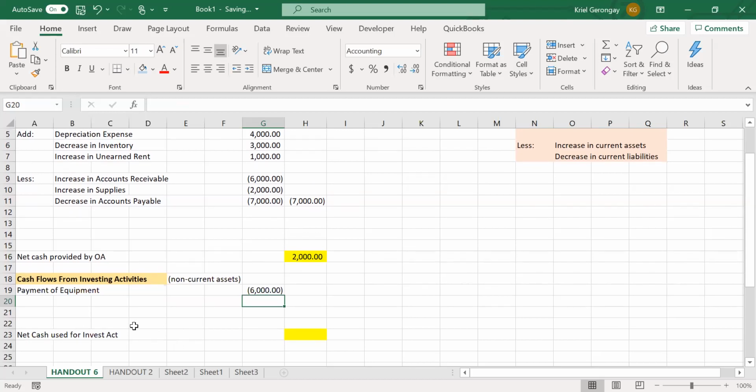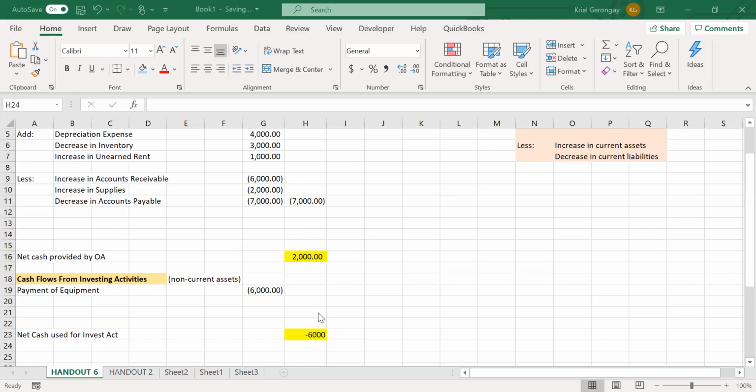Since this is the only account relating to this investing activity bucket, we can use this for the total. So our net cash used for investing activity is that. I have a question. We got the payment of equipment because the amount went up, right? Yes. So say for the exam, if the amount goes down, do we assume that they sold equipment?